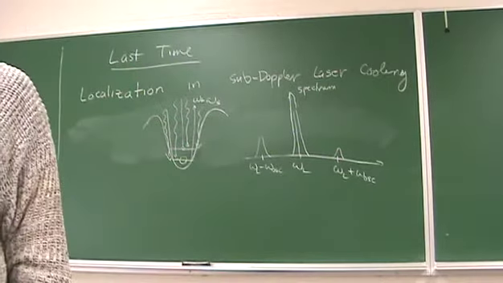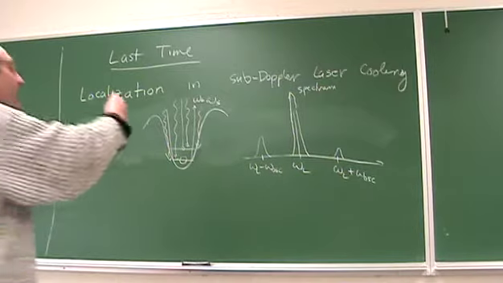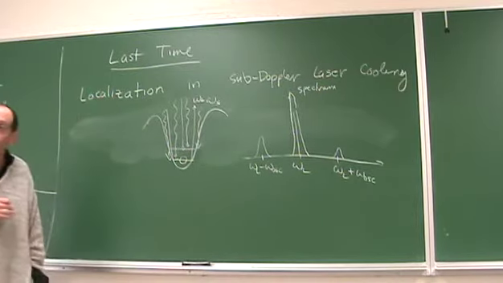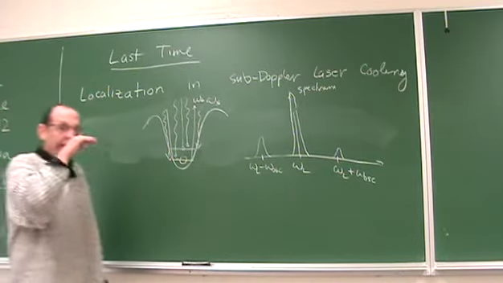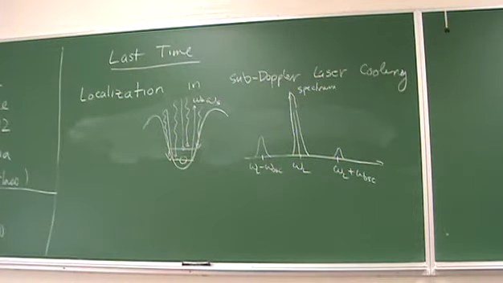And then there are processes that have to do with going up or down the ladder of vibrational states. And what was observed in those experiments was that almost all of the light was elastically scattered.